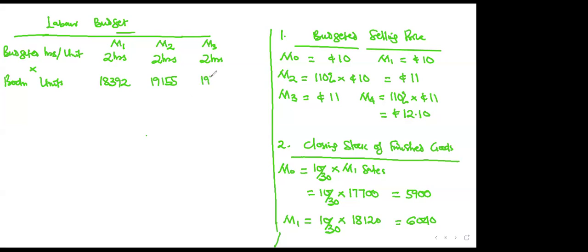So this will give us the budgeted hours. What is it giving us? 36,784. 38,310. 39,588.